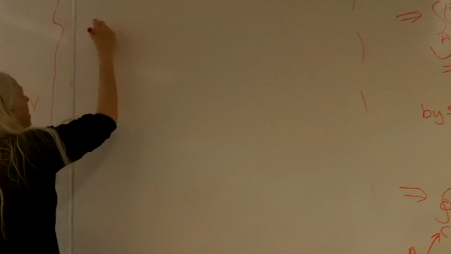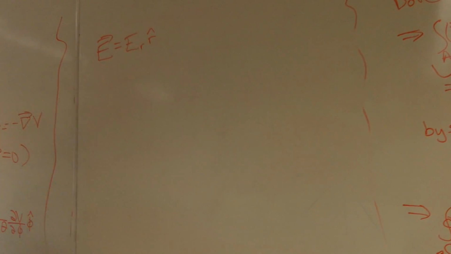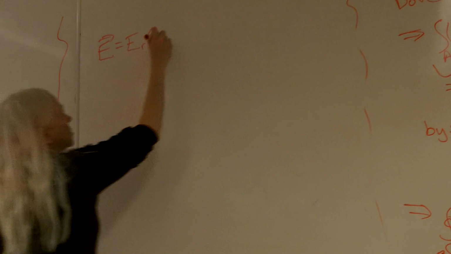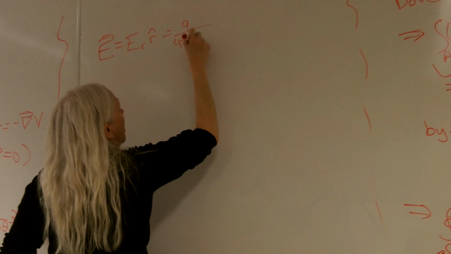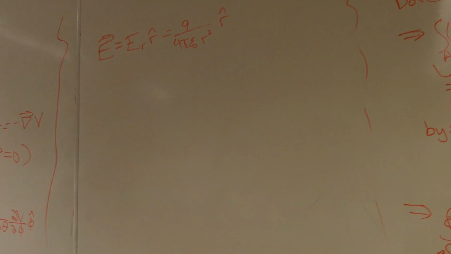Well, in our case, again, the electric field only has an r component, right? It's E sub r times r hat, and of course this was equal to q over 4 pi epsilon naught r squared times r hat, as we found from Gauss's law.